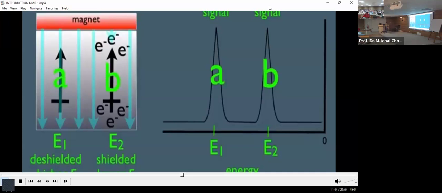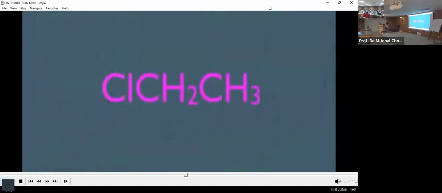Now, you might be wondering at this point, hey, this is great, but what does this have to do with organic chemistry? And what is the NMR machine actually doing for me here? Well, let's look at an actual organic molecule here. Here we have chloroethane. Let's take a look at the type of environment each of the hydrogens here in chloroethane would be in.